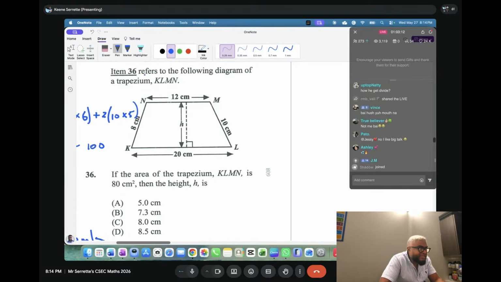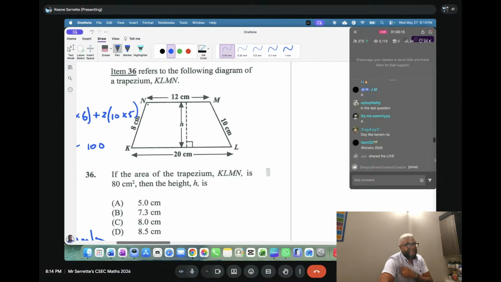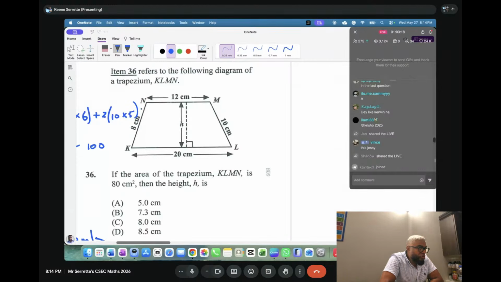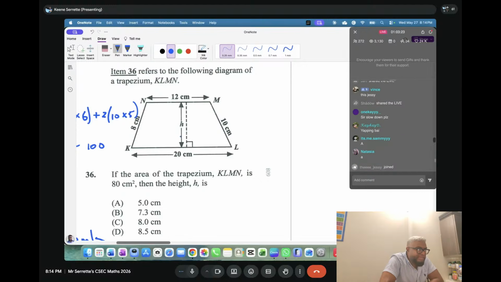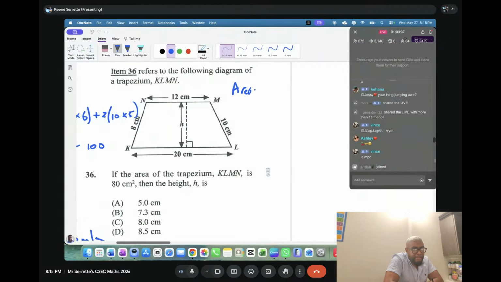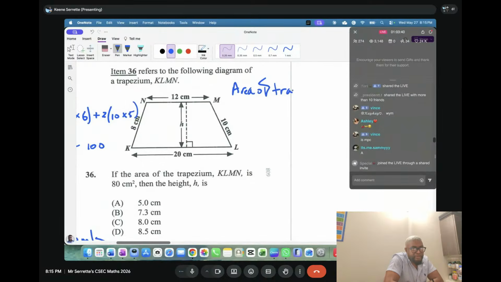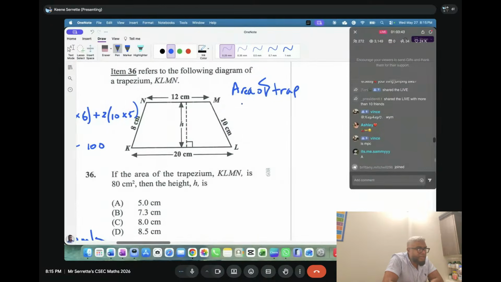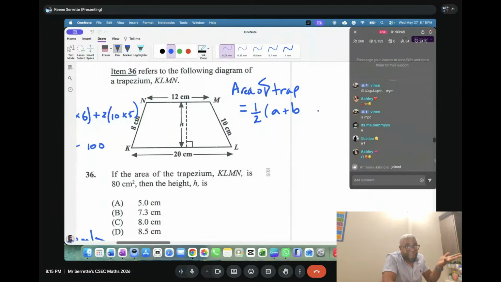They said item 36 refers to the following diagram of a trapezium. We have two parallel sides here and our height as h. If the area of the trapezium KLMN is 80 centimeters squared, then the height h is which one of these? Area of a trapezium is a half times (A plus B), where A and B are the two parallel sides.